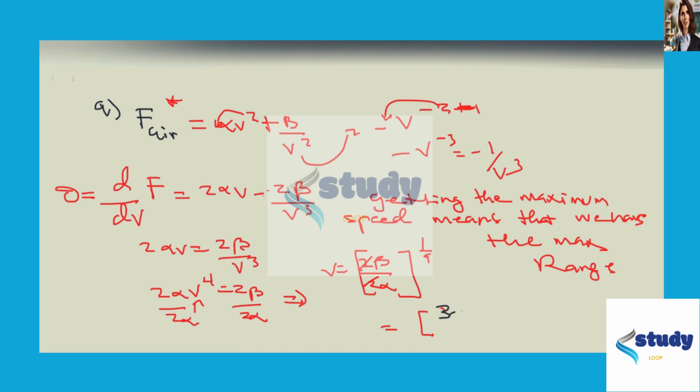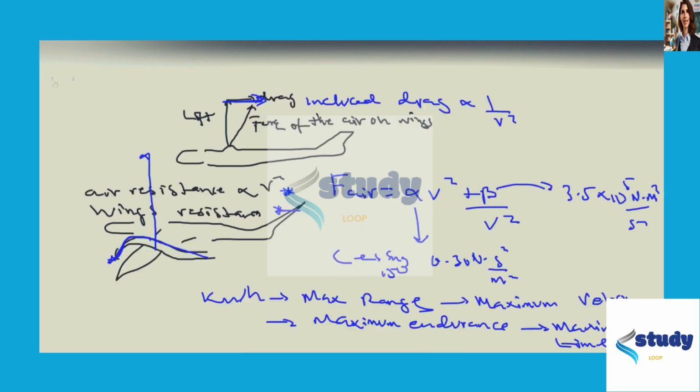Beta is 3.5 times 10 to the 5 Newton meter squared per second squared, all over alpha. So I'm looking at these numbers.